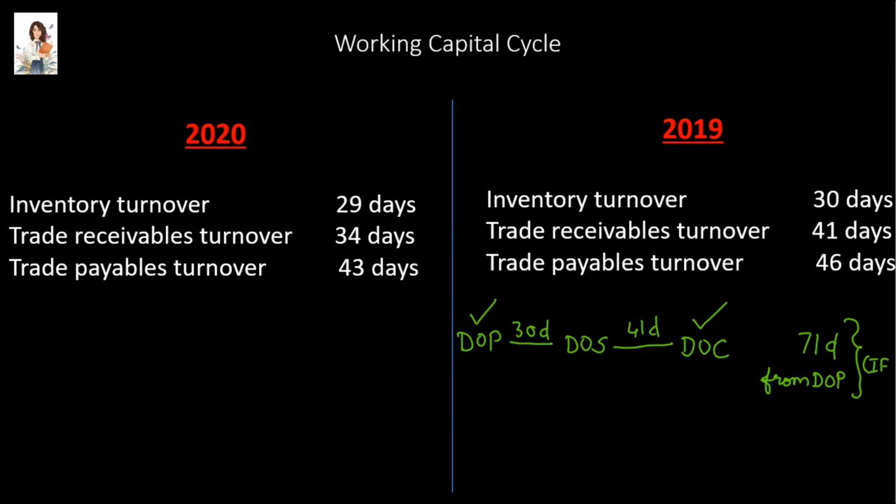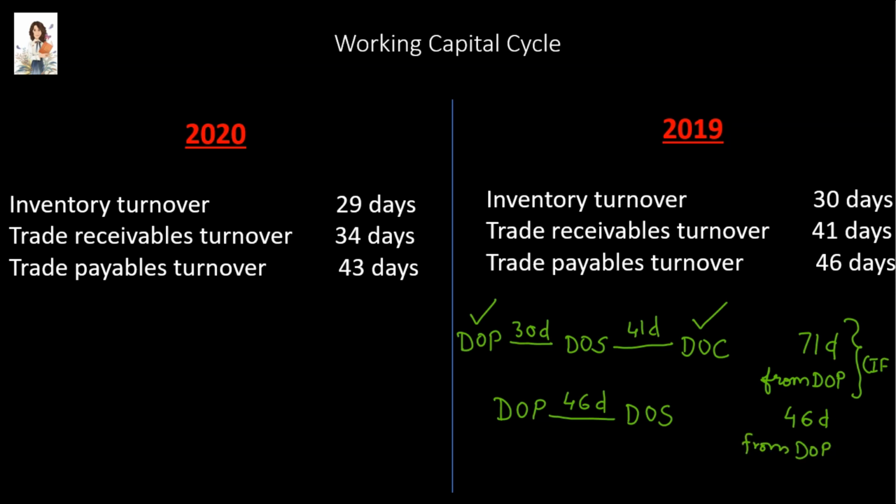The trade payables turnover ratio is 46 days. That means from the date of purchase of raw materials, we have to pay back our trade payables within 46 days. So the date of settlement is 46 days from the date of purchase of raw material. So we will write that here, 46 days from date of purchase of raw material.